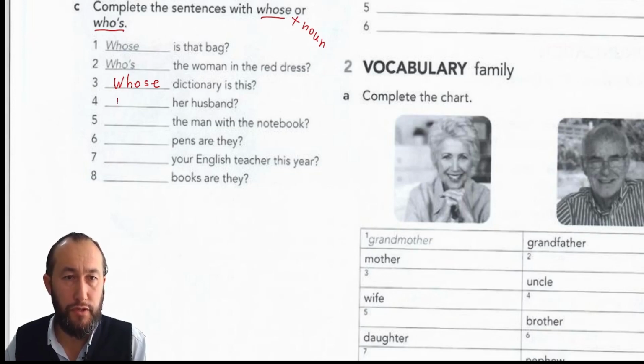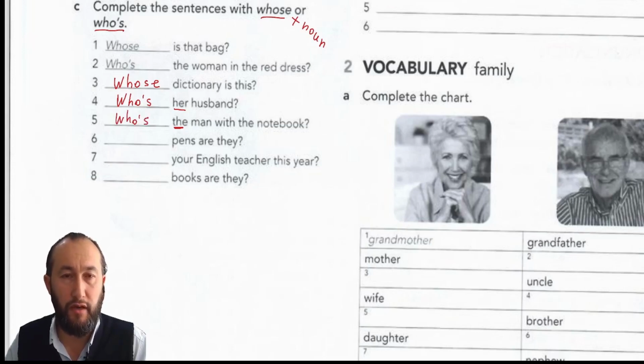Who's her husband? We put who's, because her is not a noun. So we're going for 'who is'. Who's her husband? The man with the notebook. The is not a noun, it's an article, so again we use who's, which is 'who is'. Who's the man with the notebook?